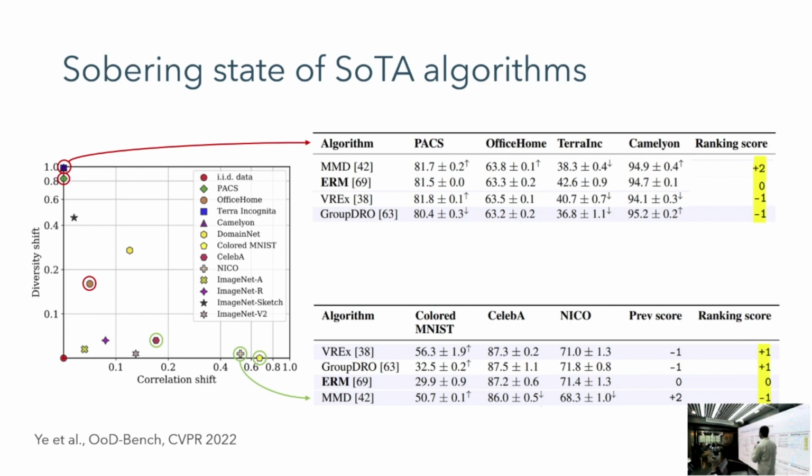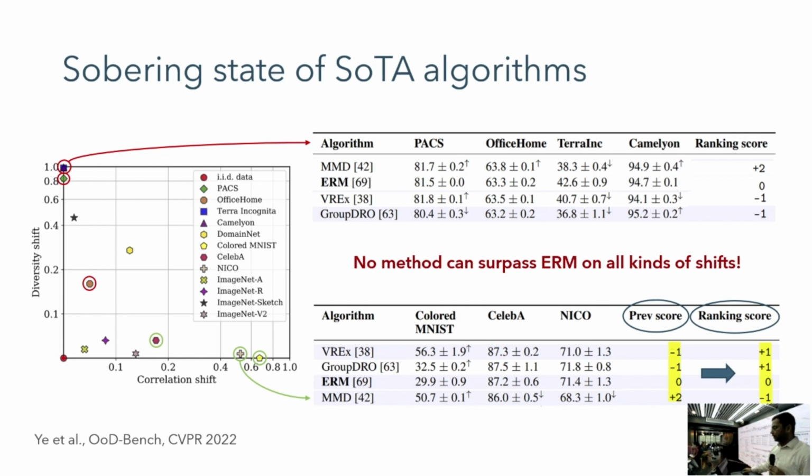So here, for example, you find that for one of the diversity shifts, MMD works really well, and it works better than ERM. But then if you look at the same algorithm for correlation shift, it was worse than ERM, right? And that's not a good thing, right? What it's really saying is that if you have a new data set for which you do not know which kind of shift it may have, you're just better off doing ERM.